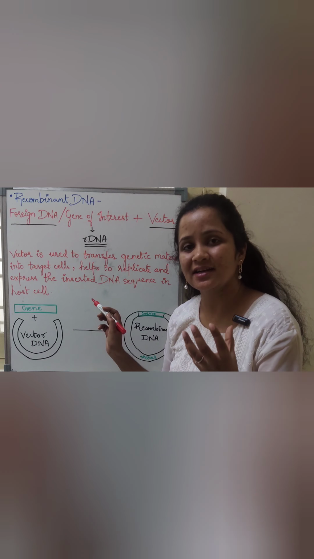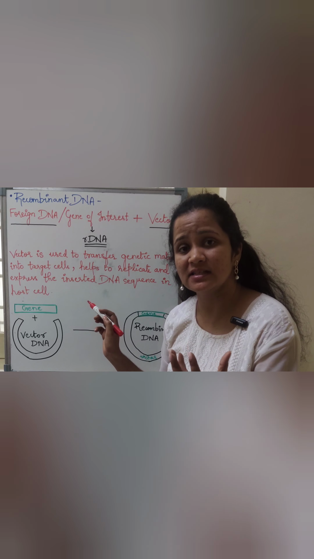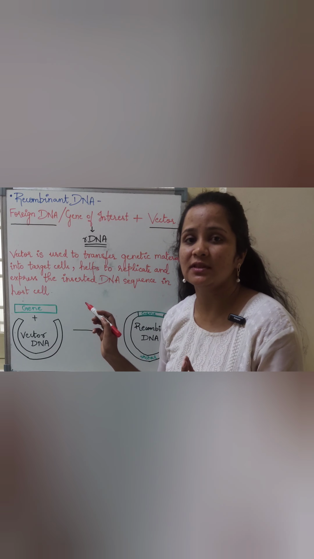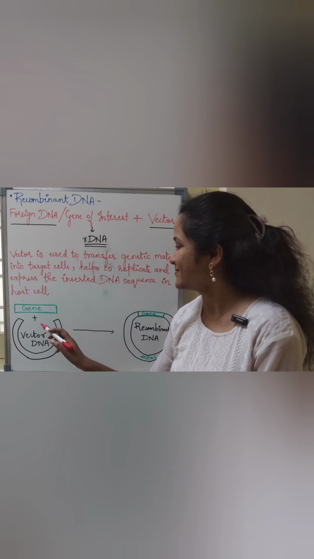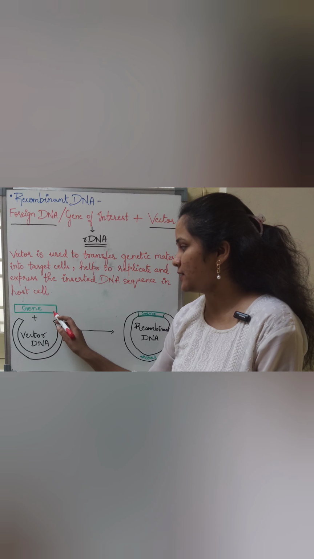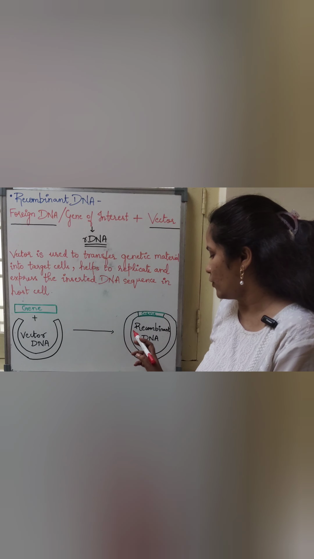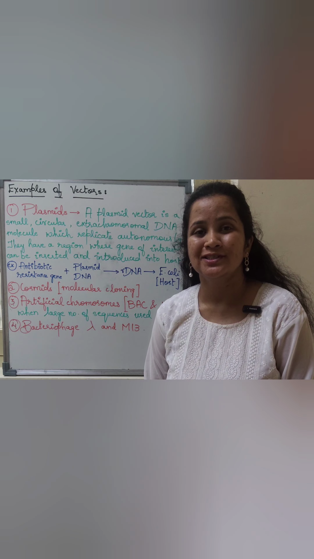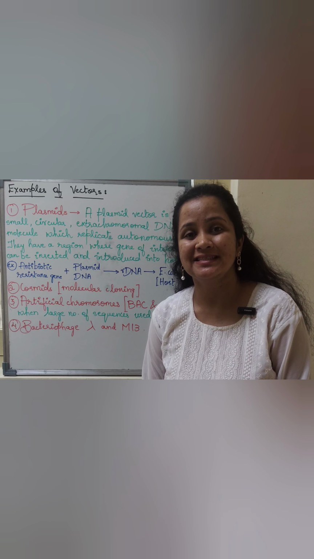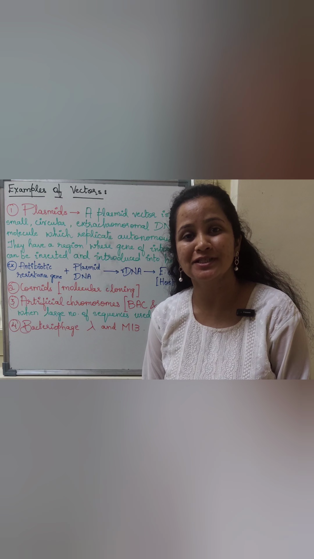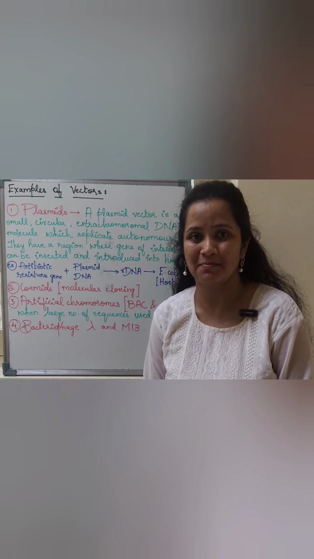So whatever character we want, that can be expressed in the host cell only with the help of a vector. This is gene of interest plus vector DNA which will combine to form recombinant DNA. So we know that to insert the gene of interest into the host, we need a vector, which is compulsory.